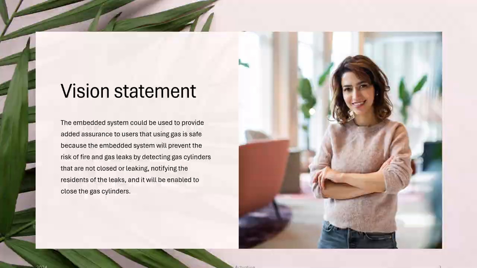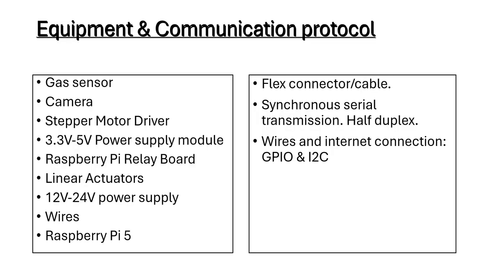The equipment that is needed to build the system: we will need the gas sensor, the camera, the stepper motor drive, and a power supply. That could be from the Raspberry Pi, or a normal cable from the plug, which is 12 volt or 24 volt. The Raspberry Pi has 5 volt.